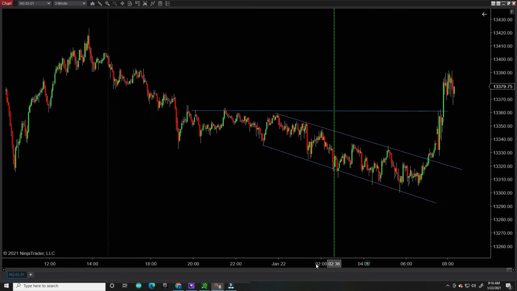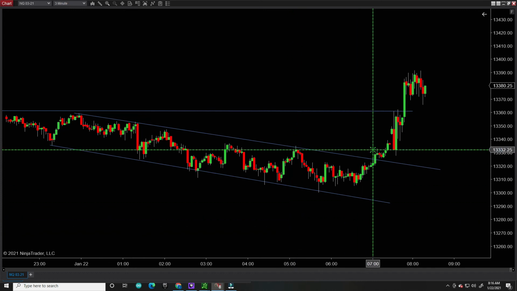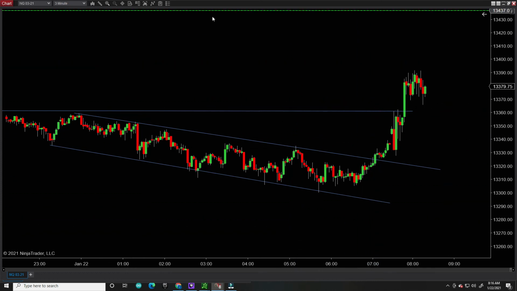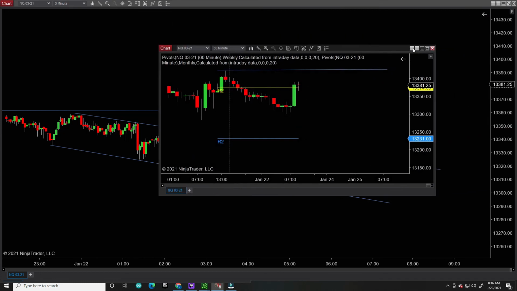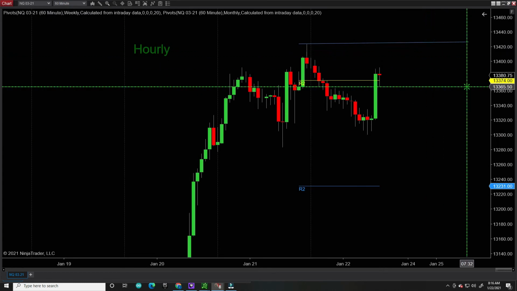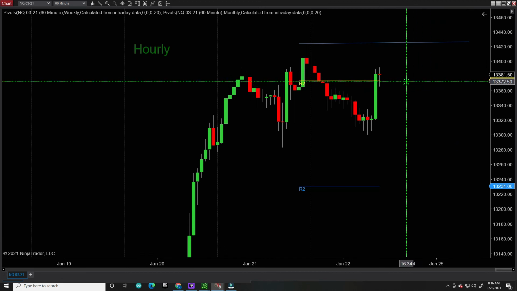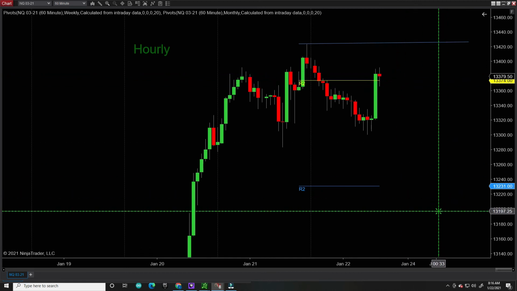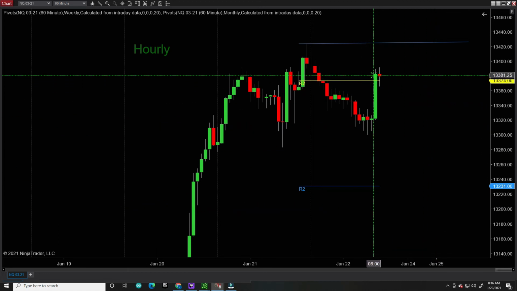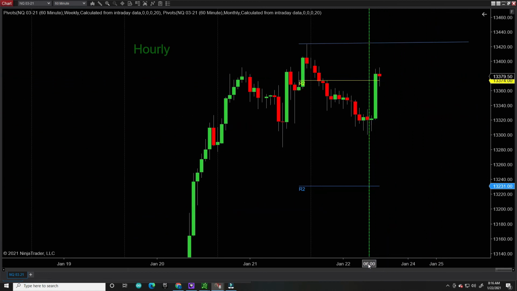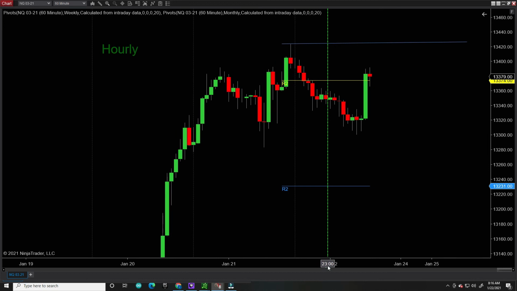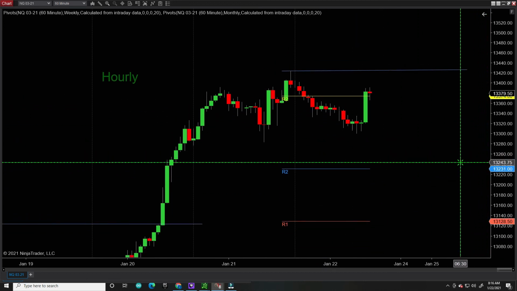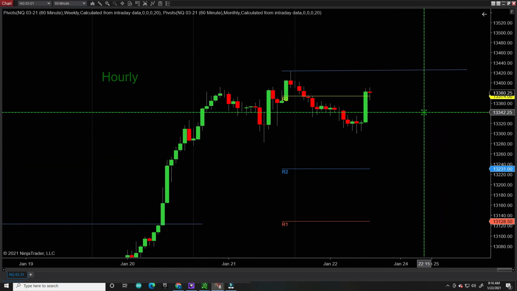And there we go again. Buying at the bottom of the range. But I don't want to go long here. This is the hourly chart. This is not the type of trade you want to place that's going to make you a profitable trader that can scale over time.